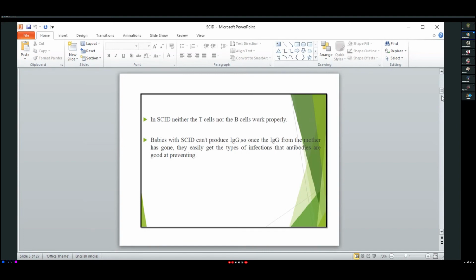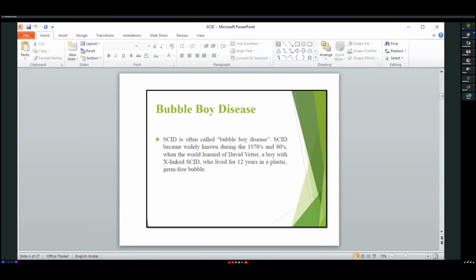Babies with SCID can't produce IgG. So once the IgG from the mother has gone, they easily get infections. Unfortunately, they die very soon. A baby with SCID can hardly survive, because without IgG it is quite impossible to survive.